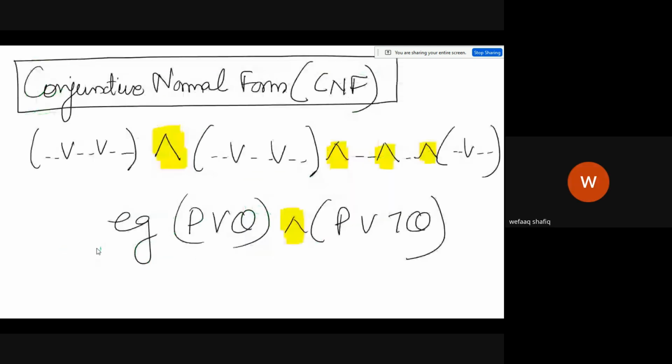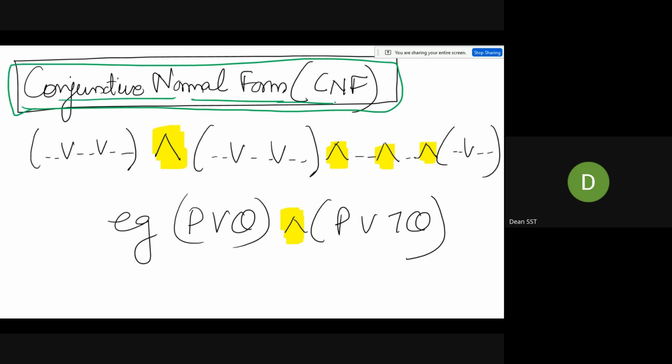Is it clear? Then how will you identify for any Boolean expression what is your conjunctive normal form? In short, we write CNF. Conjunction means and. So and will be combining different sub expressions. Suppose we are having first sub expression, second, third, fourth, up to nth.